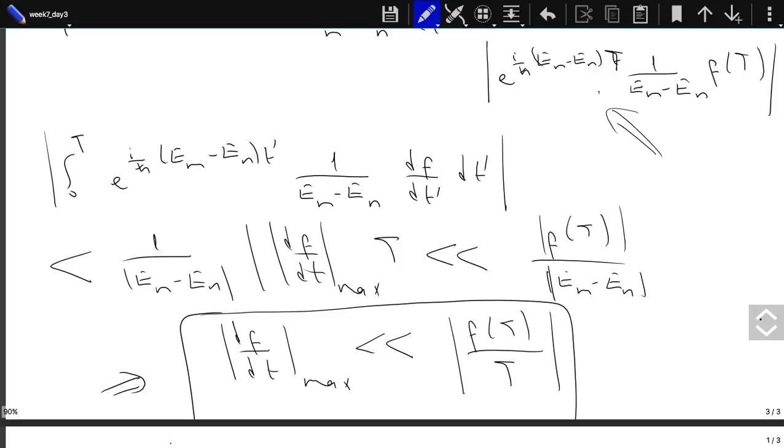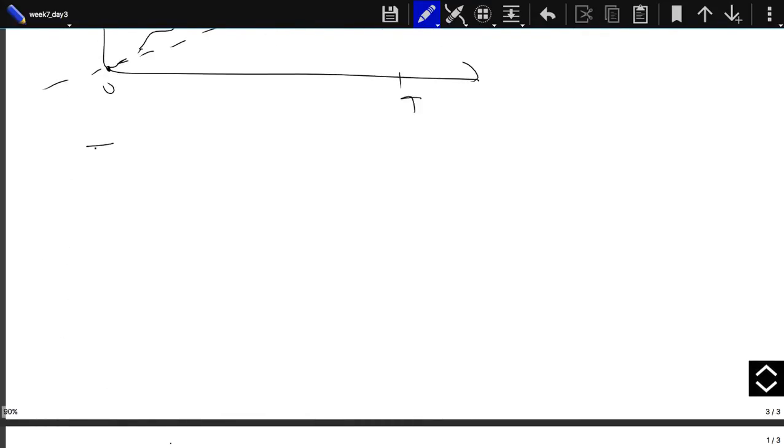If that upper bound is too big, it means that in the integral we need to have some cancellations. If we want cancellations in the integral, before taking the absolute value, the integral should oscillate fast, so that there will be cancellations. That means t should be large. Well, how large? T times em minus en should be much larger than 1.